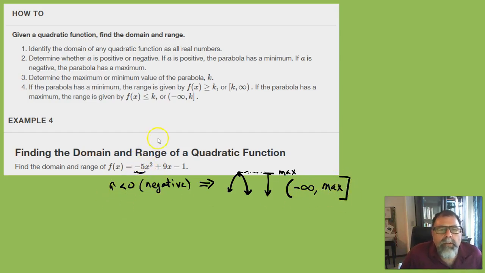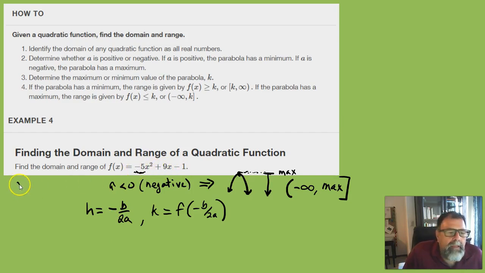Well, we know that if it's given in this form, the vertex is (h, k), where h is minus b over 2a, and k is f of minus b over 2a. So I got to figure out what the x coordinate is, plug it into the function, and that'll give me that max value. All right, so a is negative 5, b is 9, and c is negative 1.